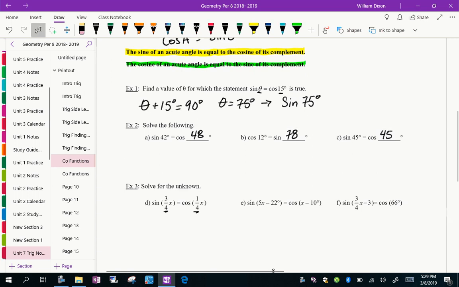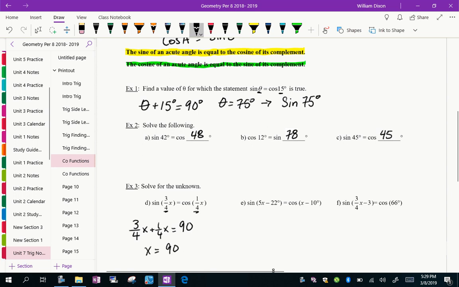So my equation is going to be 3/4 x plus 1/4 x equals 90. Remember that definition of complementary? Two angles added up to equal 90 degrees. So if I add 3/4 plus 1/4, we know that's 1, or x equals 90.